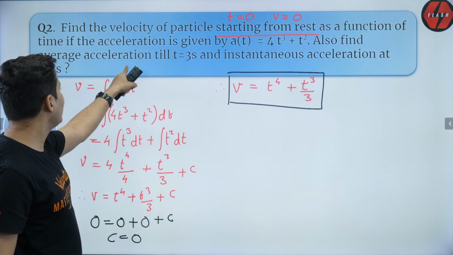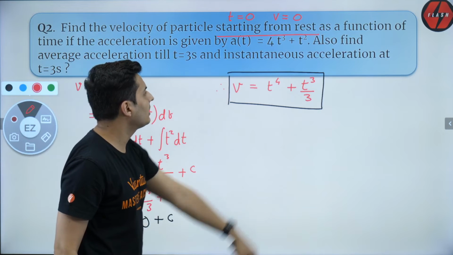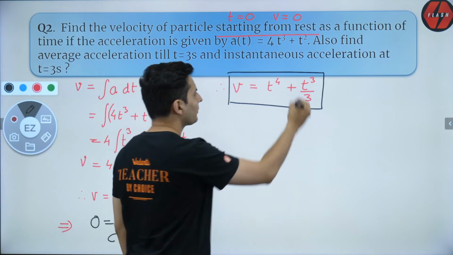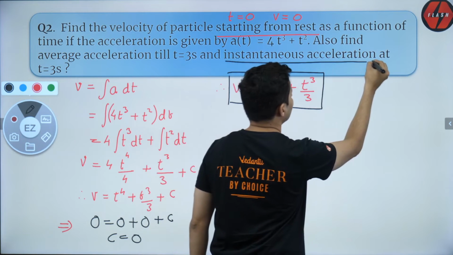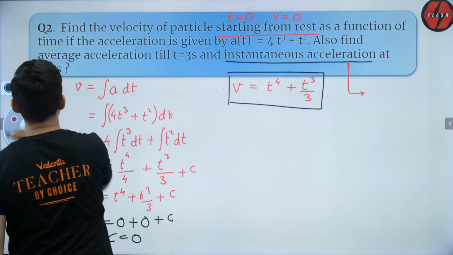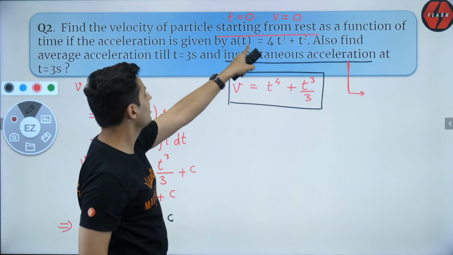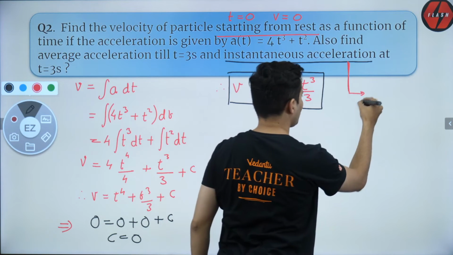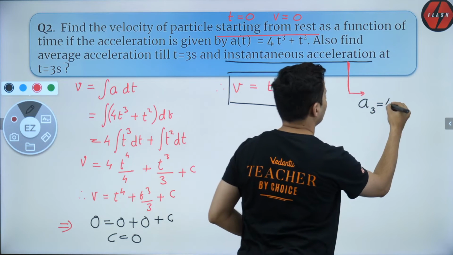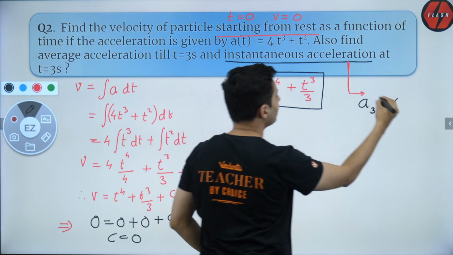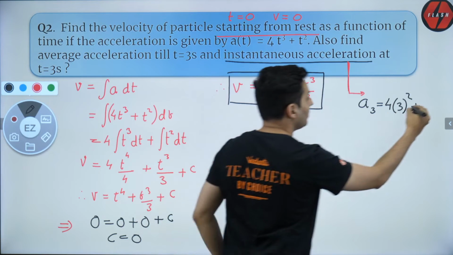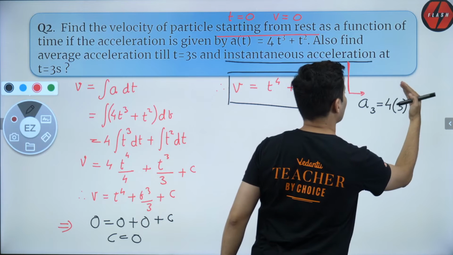Find the average acceleration and instantaneous acceleration. Well, instantaneous acceleration is quite easy. Acceleration is already given, guys. So acceleration at 3 seconds will be 4 into 3 square plus, oh sorry, it was t cube, my bad.